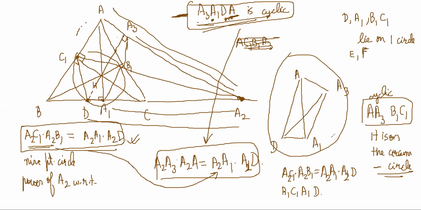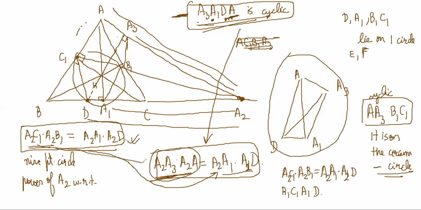Oh, we should have used this one. A2A3 into A2A is the same as A2C1 into A2B1.